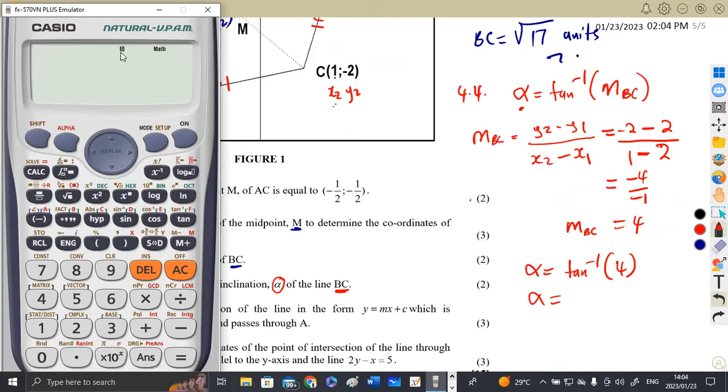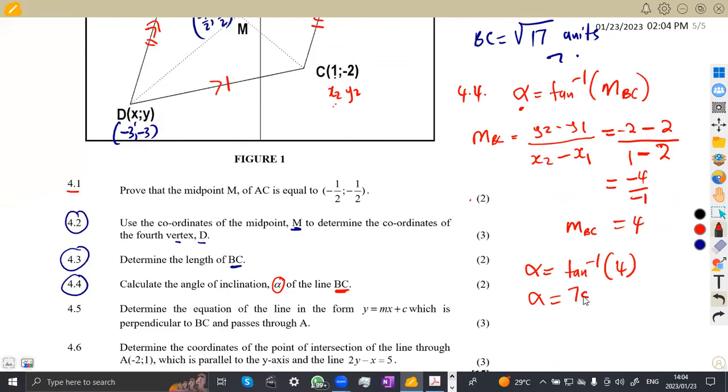Now it must show a D on your calculator. So that's shift tan 4, which is 75.963 and so forth. So it's going to be 75.96 degrees.